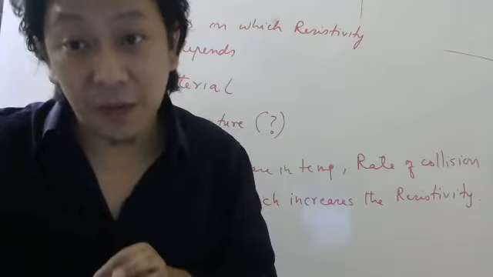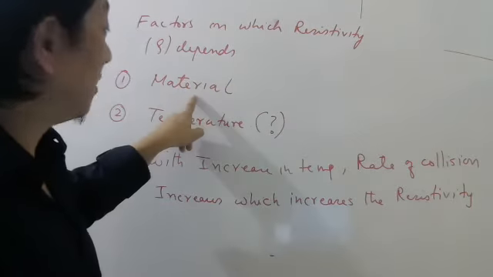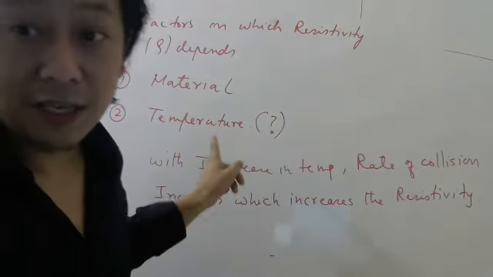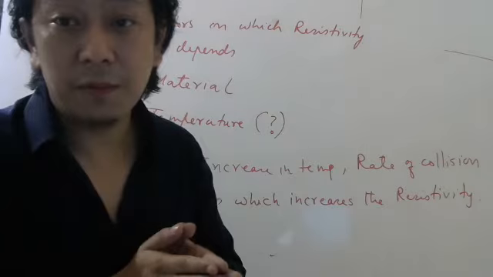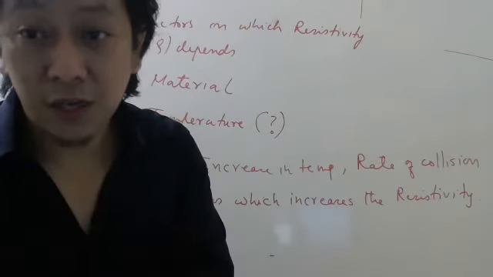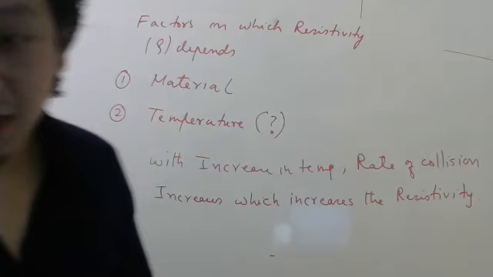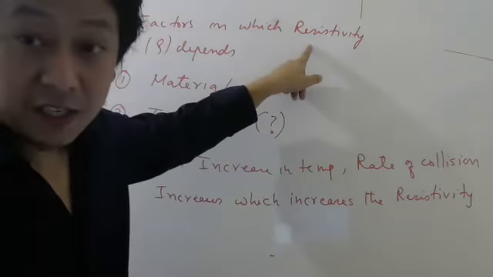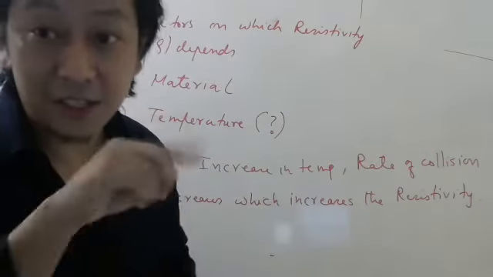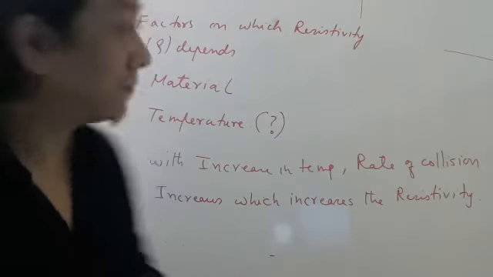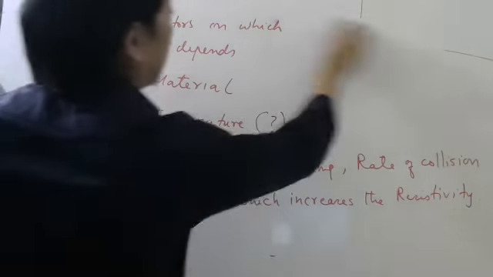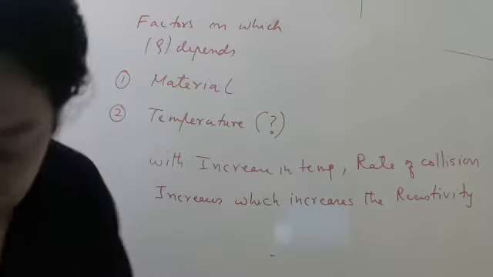So depending on material, resistivity will change. Also, it depends on temperature. So if you go from rubber to gold to silver to aluminum, resistivity will change. And because of change in resistivity, resistance will change, because resistance is what? Rho L by A.